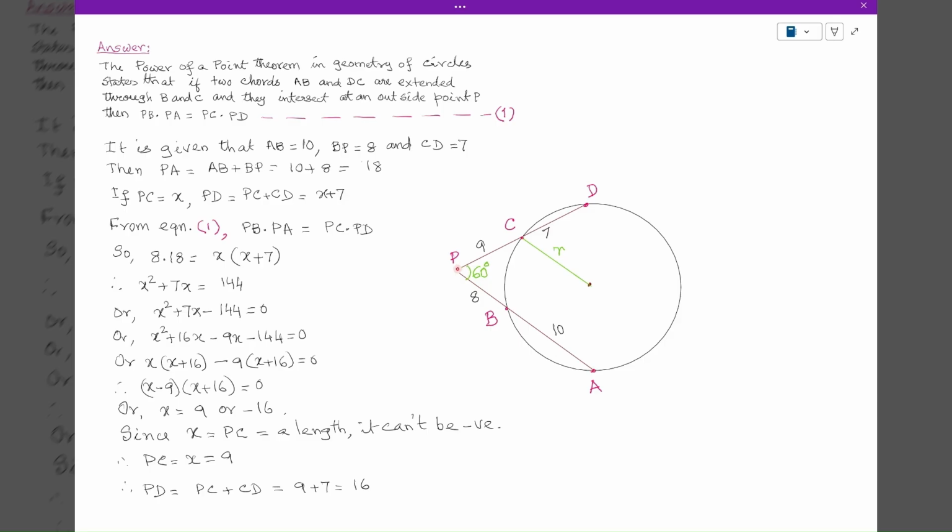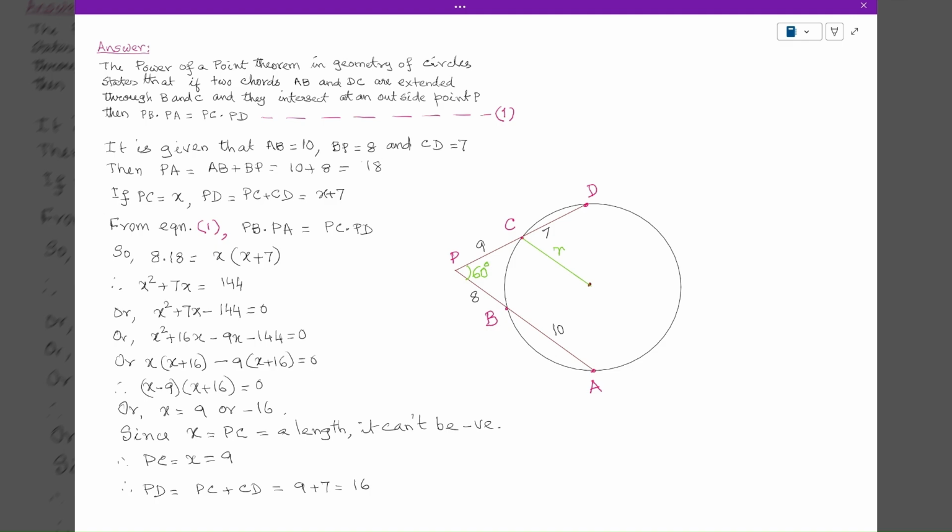If PC is x, then PD is equal to PC plus CD, which will be x plus 7. From equation 1, PB into PA is equal to PC into PD. Therefore, 8 into 18 is equal to x multiplied by x plus 7, because this is 8, this is 18, this is x, and this is x plus 7.